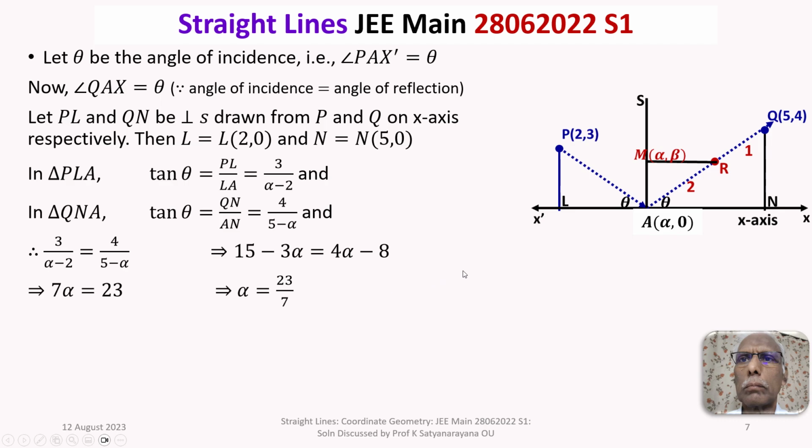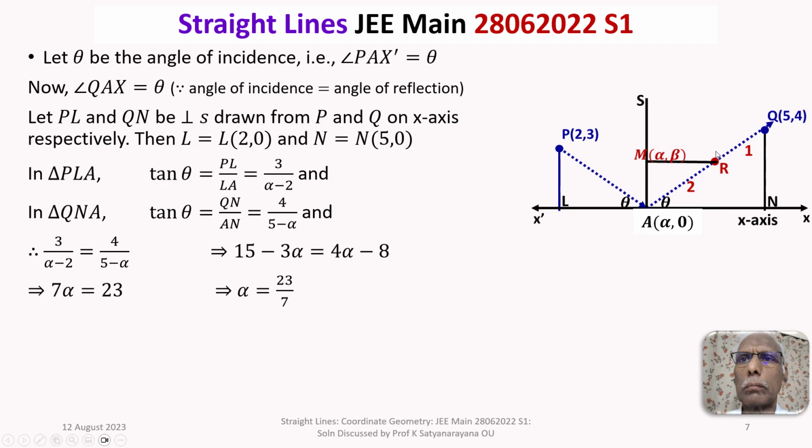Now we have to find beta. Beta is the ordinate of M, which means it is AM. Now drop a perpendicular from R to the x-axis, let us say RK. Then AM will be equal to RK. So beta is equal to AM, which is equal to RK.